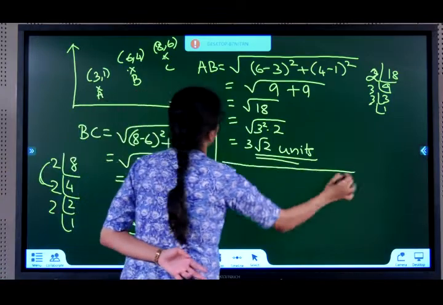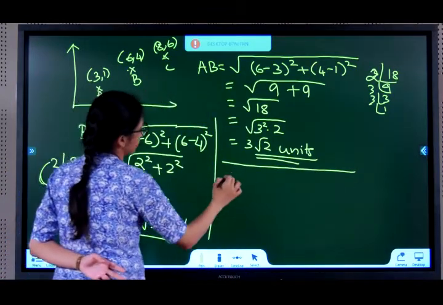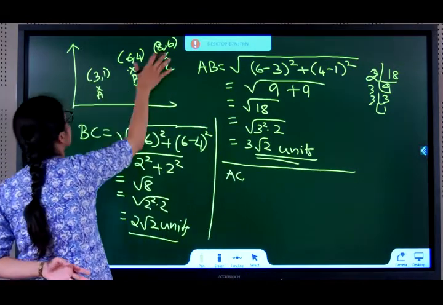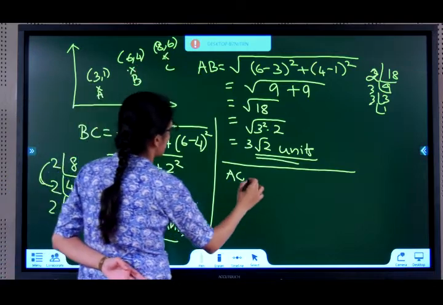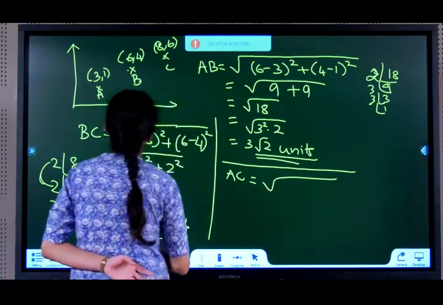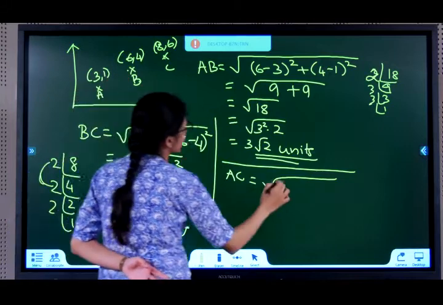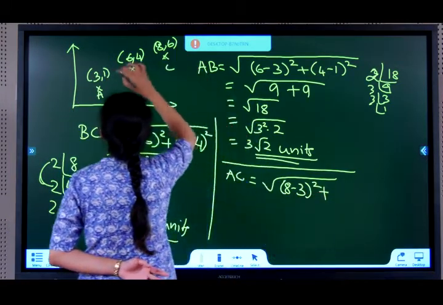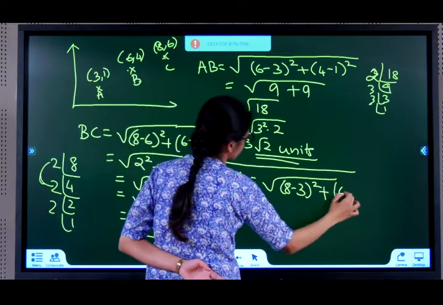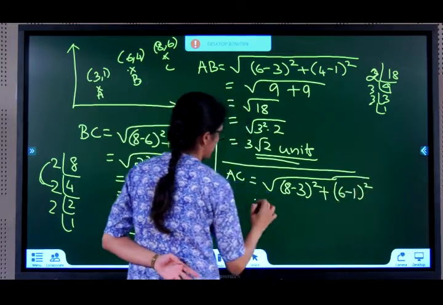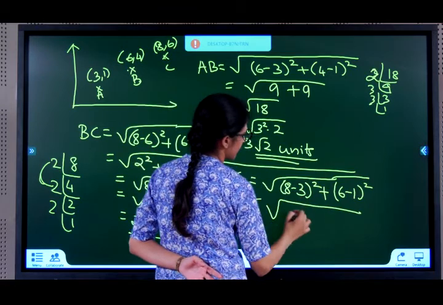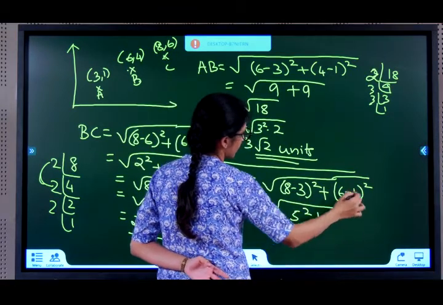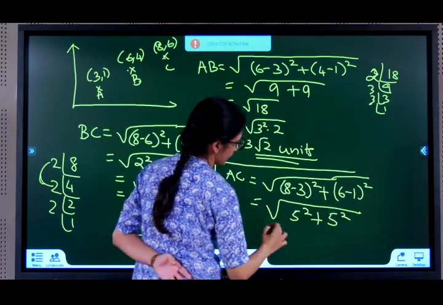Next, we have to find AC. So we finished AB, finished BC, now we find AC. Root of 8 minus 3 the whole square plus 6 minus 1 the whole square. 8 minus 3, 5 square. 6 minus 1, 5 square.